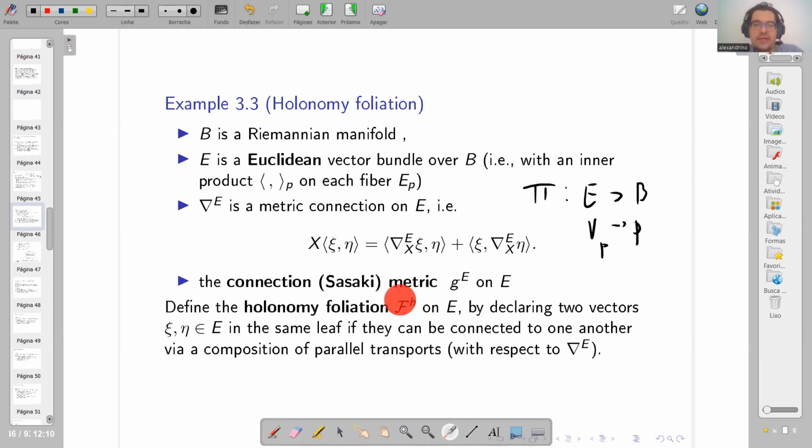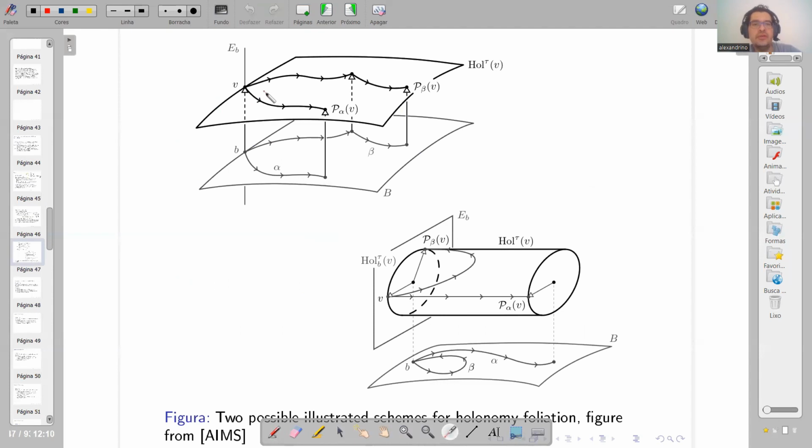Then the holonomy foliation is a partition of E, where the leaves are declared as follows. Two vectors belong to the same leaf if they can be connected to one another via compositions of parallel transport. Here was the picture. I fix a vector and start here.